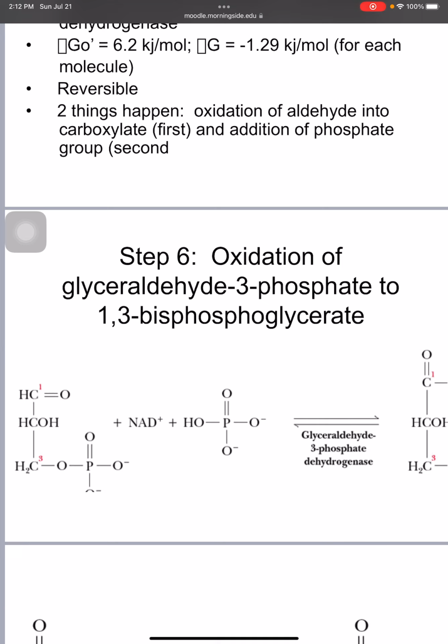So, really, this full reaction that you see here in step 6 is actually two half reactions that have been kind of put together, right?